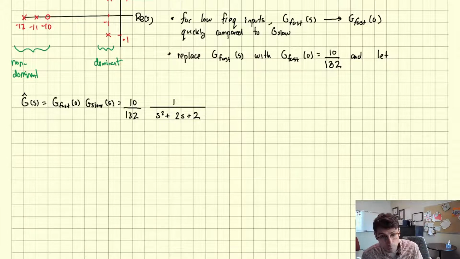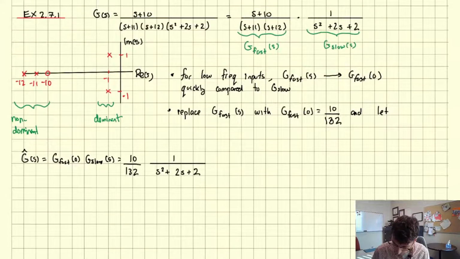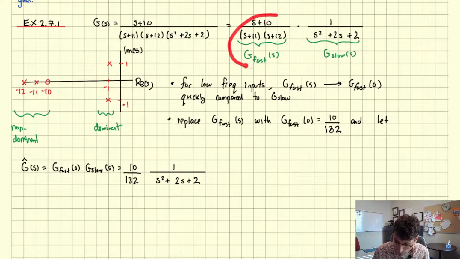If you look at the Bode plot of G hat compared to the Bode plot of G, for low frequencies, they'll be very similar. At higher frequencies, once you start getting to these poles and zeros, they'll start to differ. So the Bode plots will be different, but only at higher frequencies corresponding to these poles and zeros.